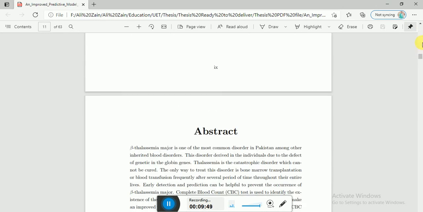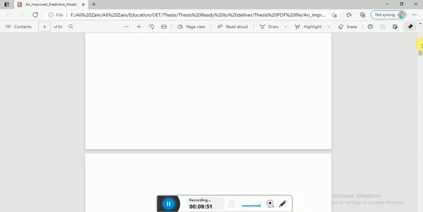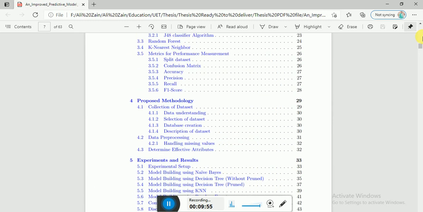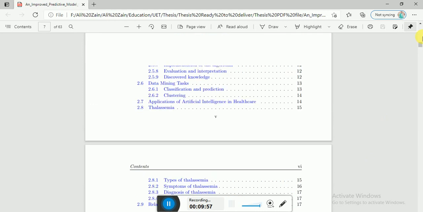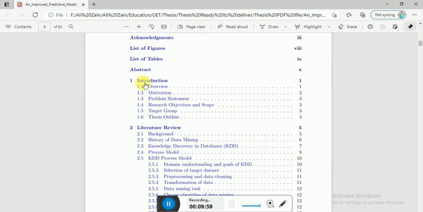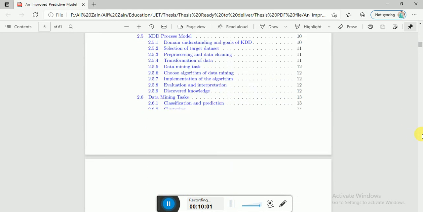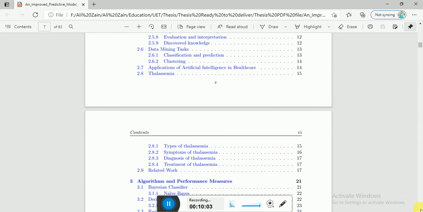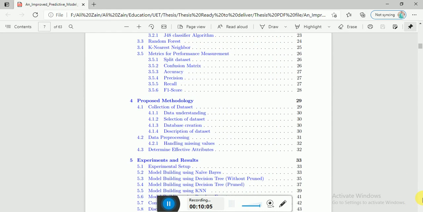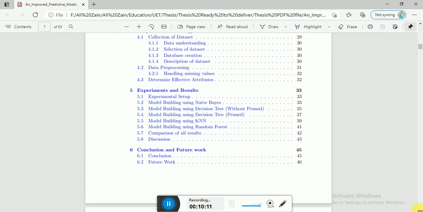Let me show you the table of contents. Here you can see introduction, literature review, algorithms, performance measurement, purpose, methodology, which I have done by these models, experiments and results.